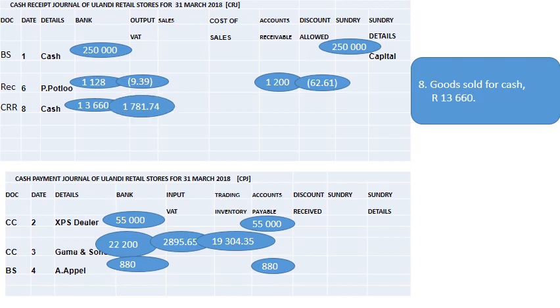Then VAT will be calculated as 1,781 rand 74 cents. We deduct the VAT from the inclusive amount to arrive at the value of 11,878 rand 26 cents as our sales excluding VAT.